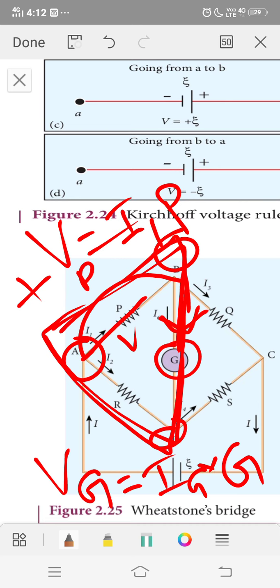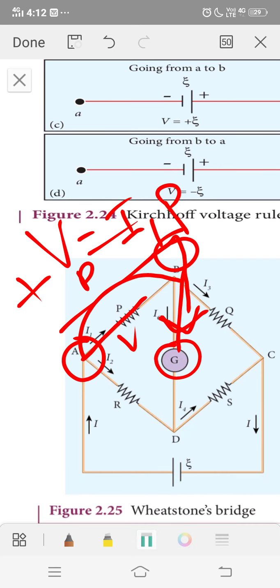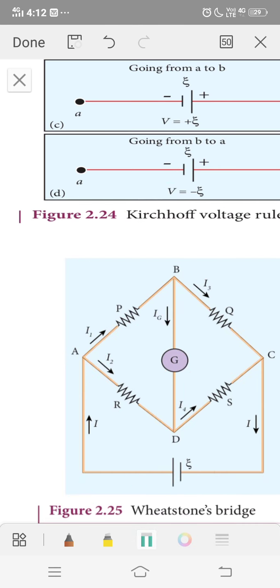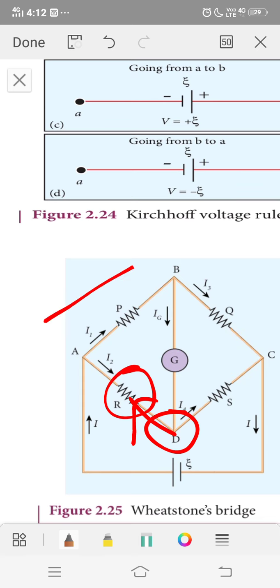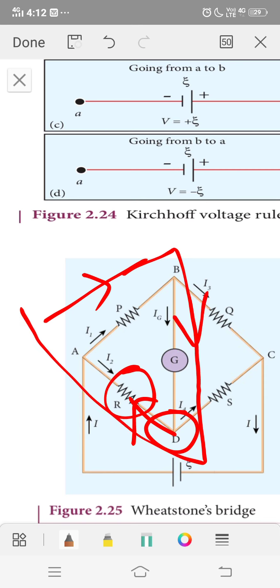So the equation becomes Vg. And at point D, the current is now flowing backward. This side it is trying to enter. The voltage drop across the resistor R is represented here, because we are taking the loop ABDA. Both are entering, but here it is in the opposite direction to the supply. The opposite direction means lower potential to higher potential.